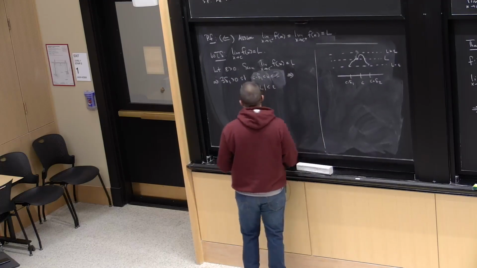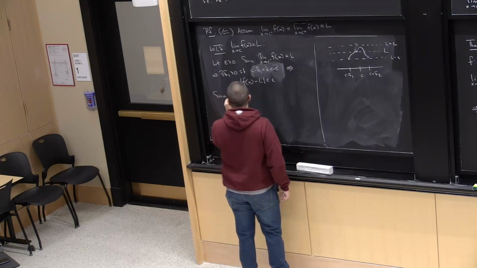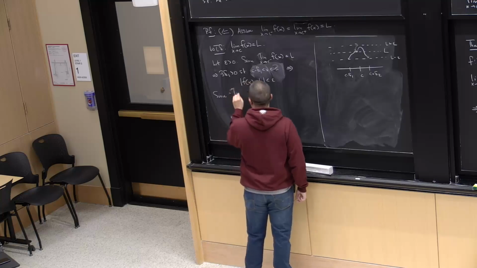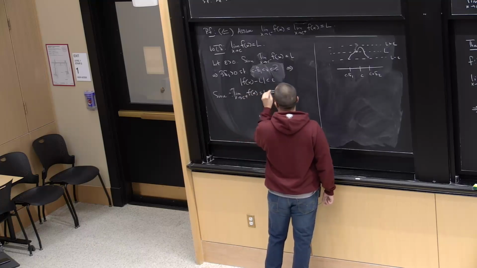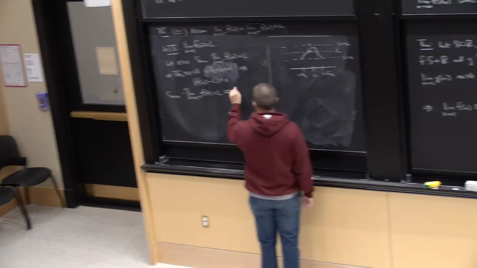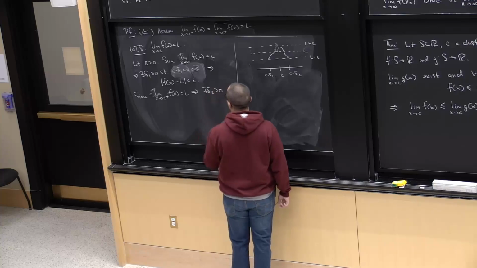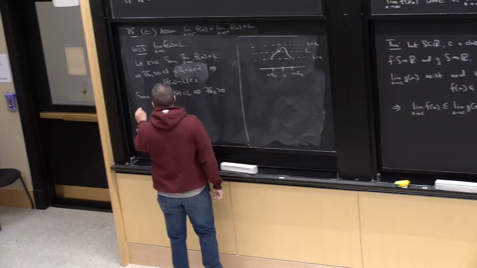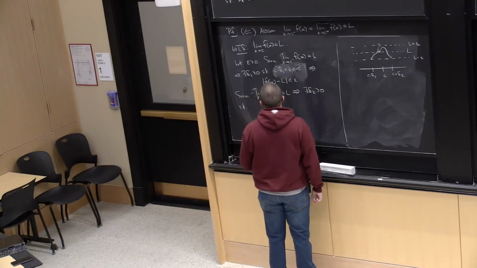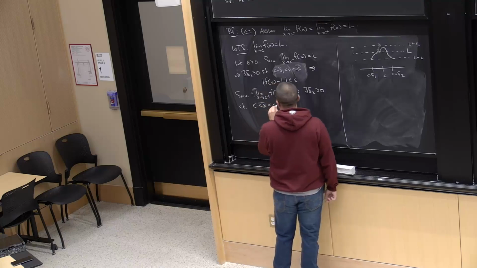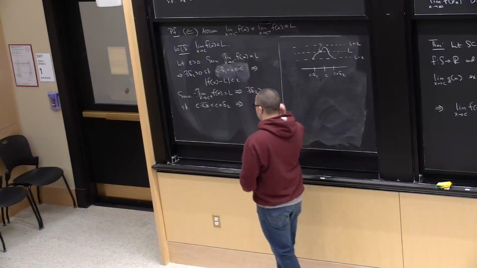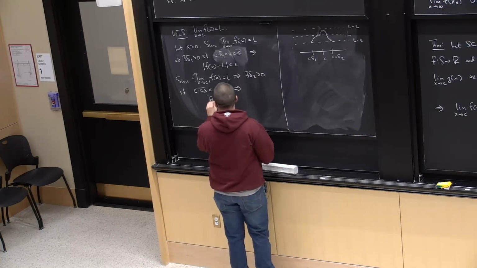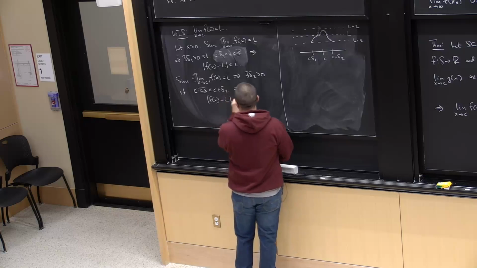And similarly for the right limit. Since the limit as x goes to C plus of f of x equals L, this implies, by the definition, there exists a delta 2 positive, such that if C is less than x is less than C plus delta 2, then I get that the absolute value of f of x minus L is less than epsilon.